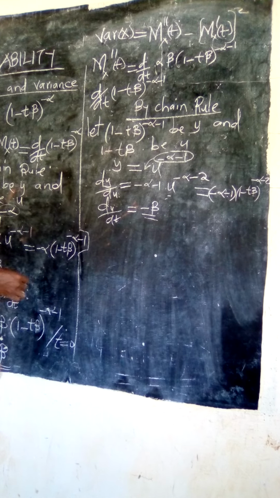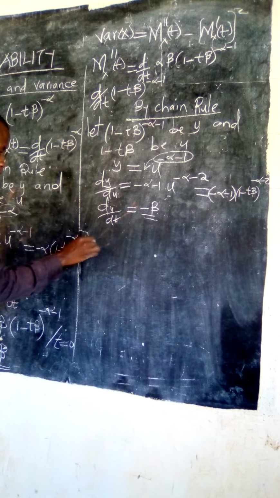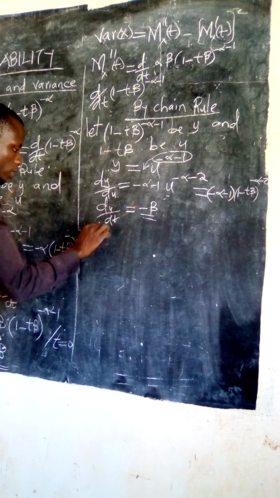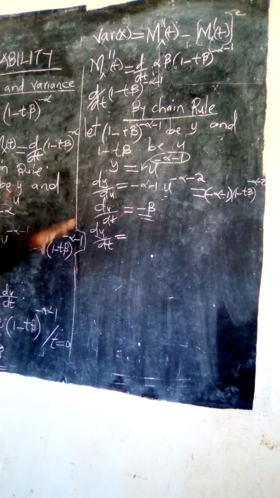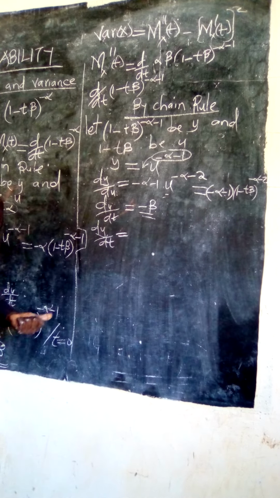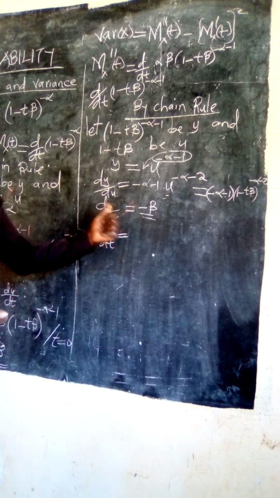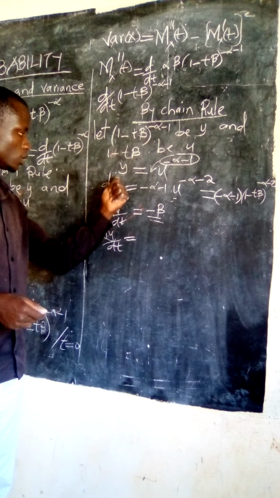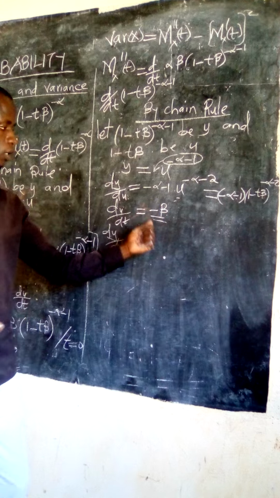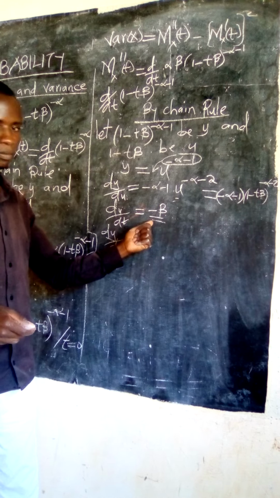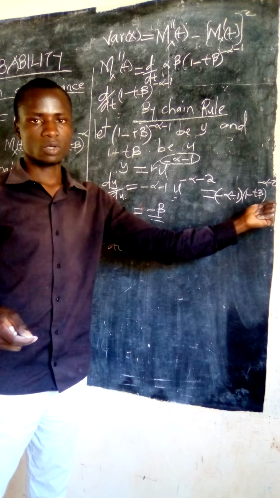Now after that, I can now come here and write my chain rule, that is dy/dt. For this case, I will not write the formula because we've seen the formula in the first part. The formula says that I need to get dy/du times du/dt. Meaning, I just take this content, negative β t^(β-1), then I multiply by the content here.